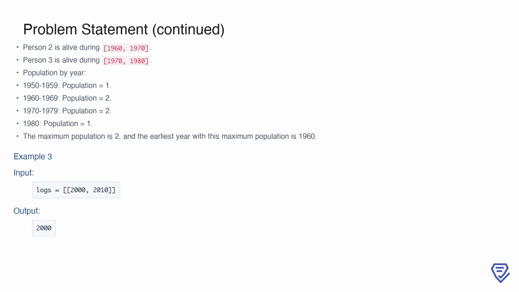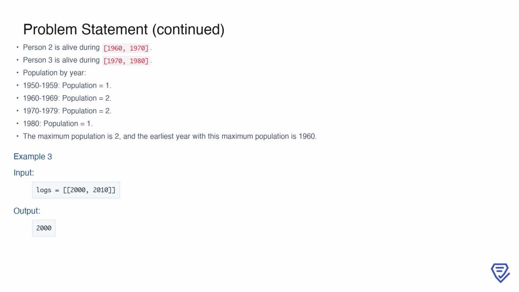Let's look at another example. Suppose the input is logs = [[1950, 1961], [1960, 1971], [1970, 1981]]. Here, the first person is alive from 1950 to 1960, the second person from 1960 to 1970, and the third person from 1970 to 1980.